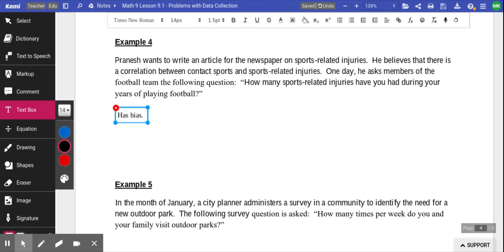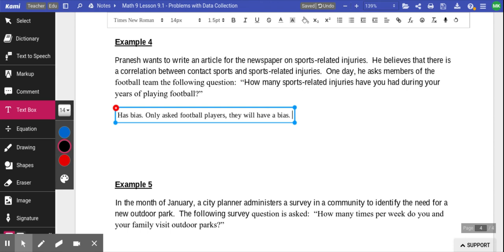And then you ask the football team. Because you only asked football players, those people have a bias, right? Football is a sport that has a lot of injuries, typically. So by only asking the football players, I'm creating a bias in my answers because most of them probably have had some sort of injury.